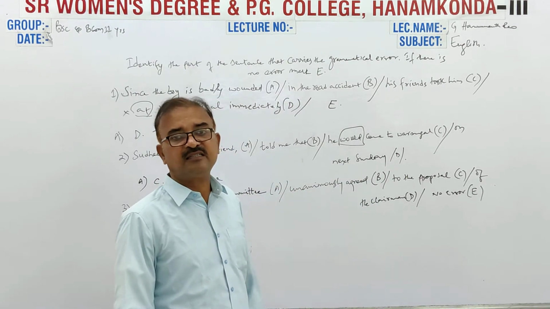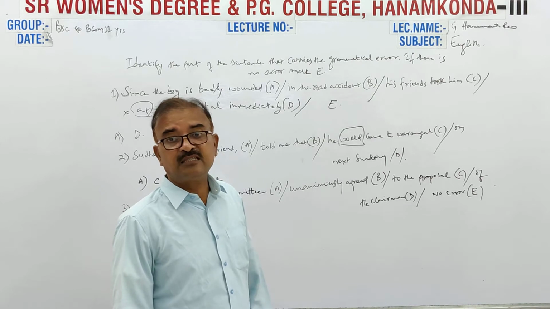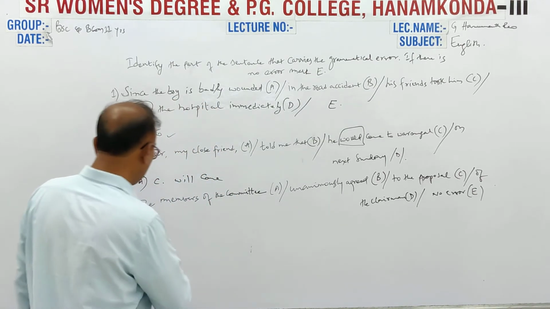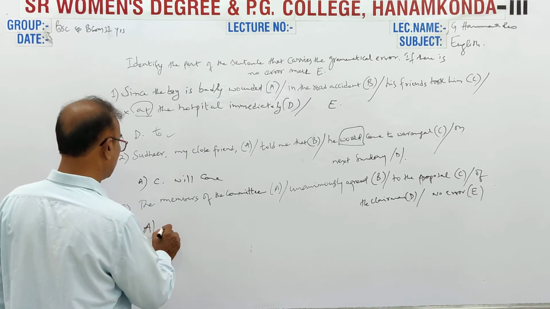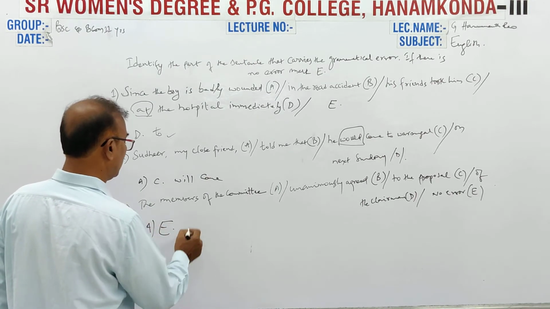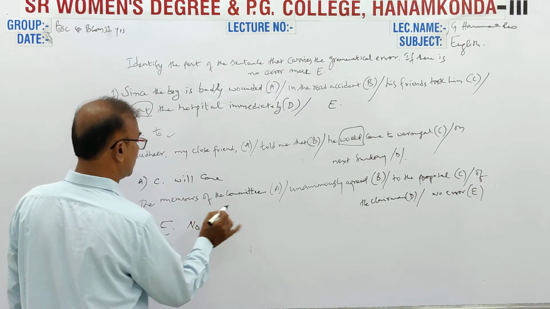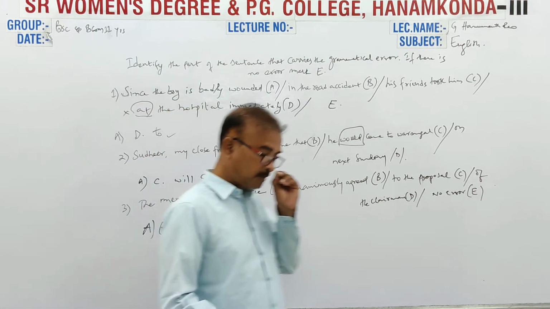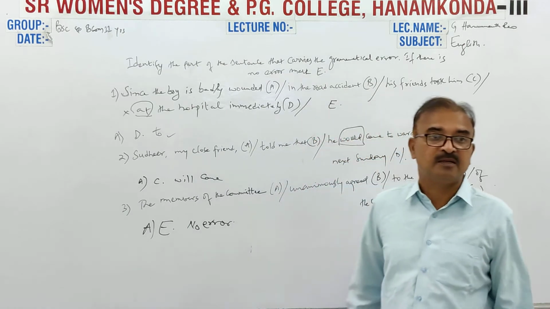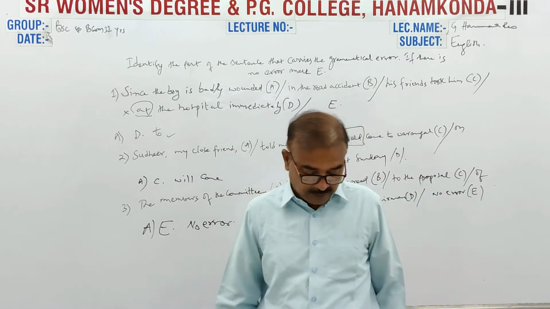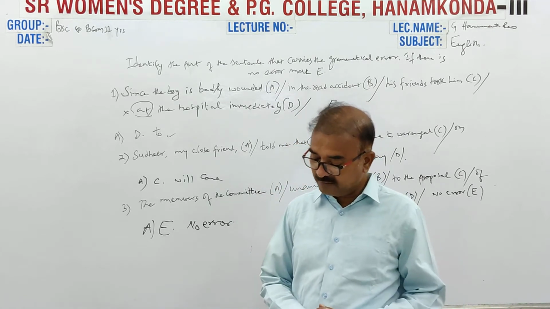There is nothing wrong in the sentence. So since there is nothing wrong in the sentence, here, no error. And the answer is like this, E, no error. This is the answer. No error is the answer.